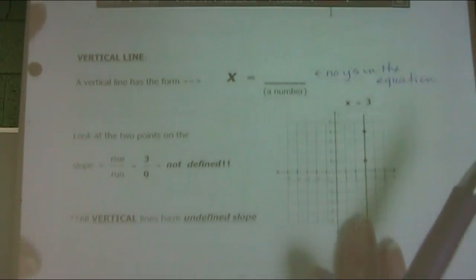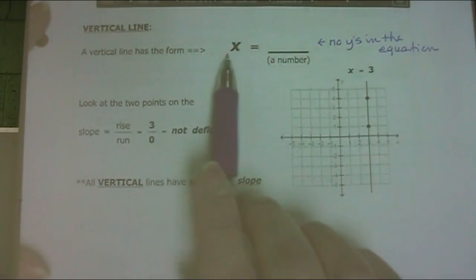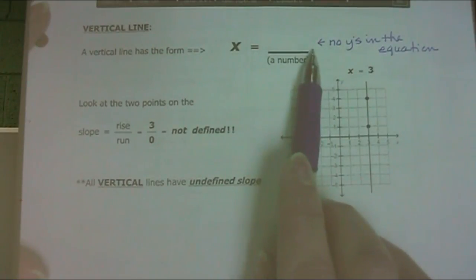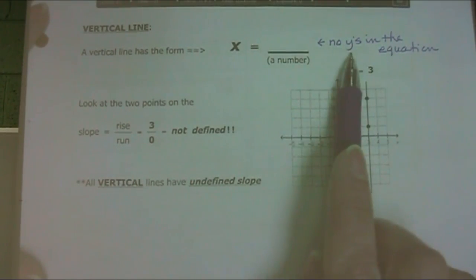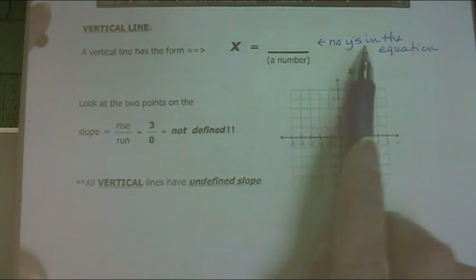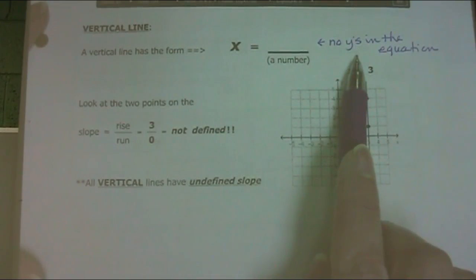Similarly, for vertical lines, you're going to have an equation with an x, and it's not going to have any y's in the equation. So you can't use the method for standard form or for slope-intercept form. What you're going to have to do is recognize that with no y's in the equation, this is an equation for a vertical line.